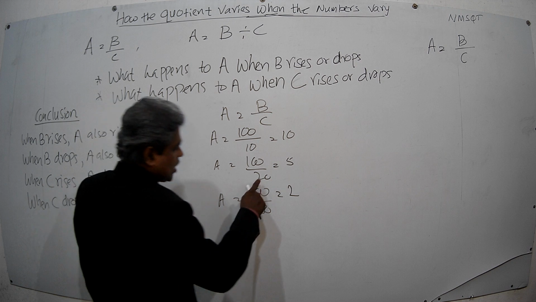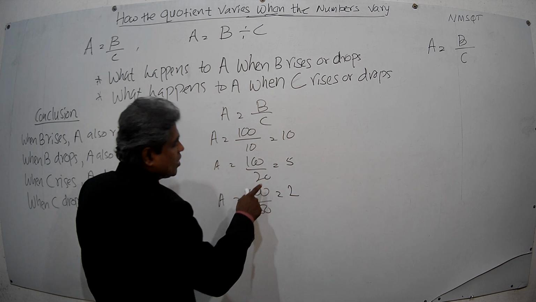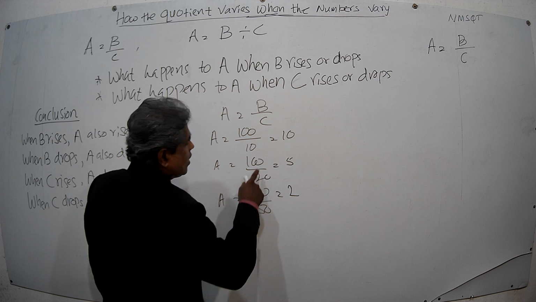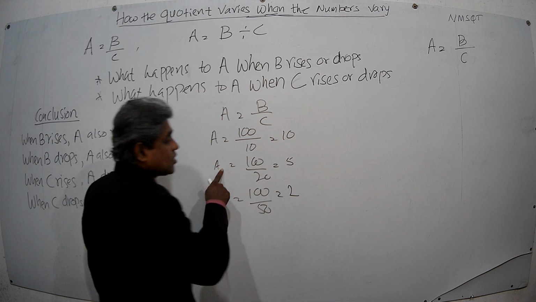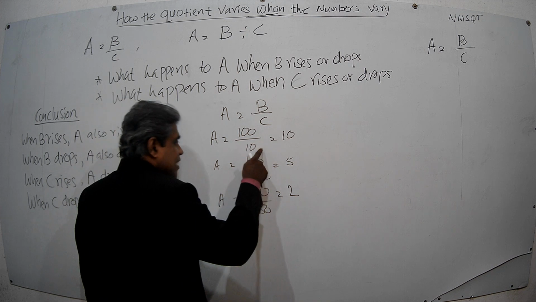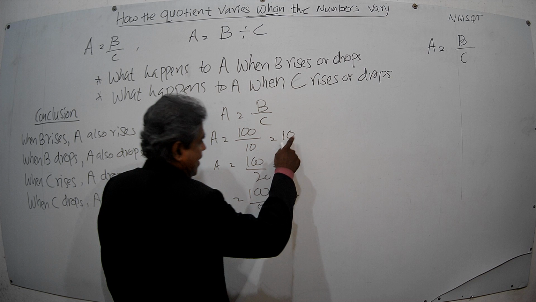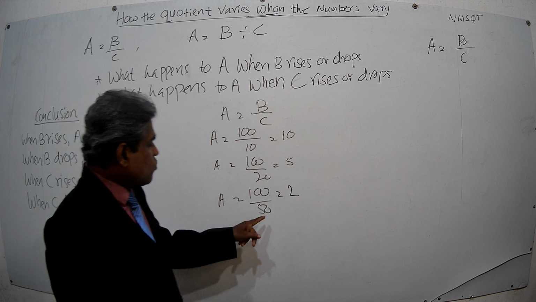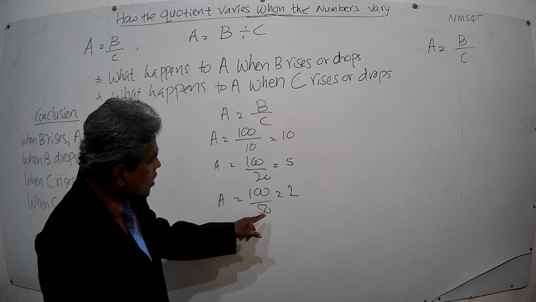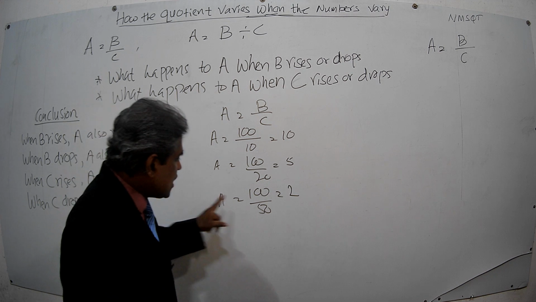When the second C value is 20, that is C has decreased to 20, the quotient has become 5. When the C value is further decreased, the quotient has been 10. So when the divisor C is 50, the quotient A is 2.